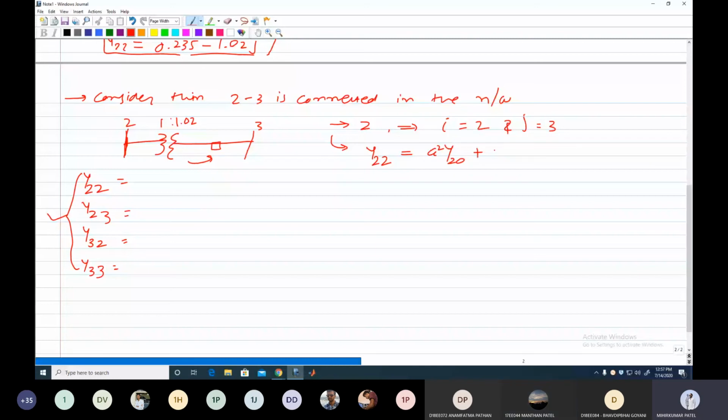But the second term is a into a minus y. What is the value of a for this case? The transformation ratio is 1.02 by 1, so it is 1.02. Very good.